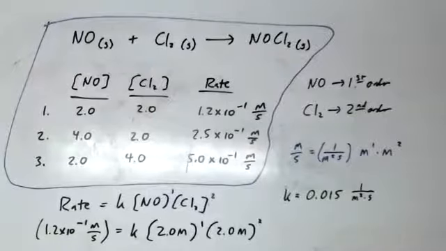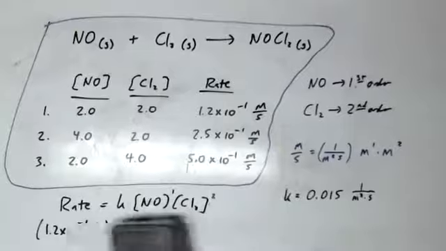And K is a constant here, and constants always have goofy, weird units like this, and they're there purely for dimensional analysis purposes. It's just to make sure that when you plug K into your equation, your answer will have the correct units. So putting this all together, I now have a completed rate equation for this problem.